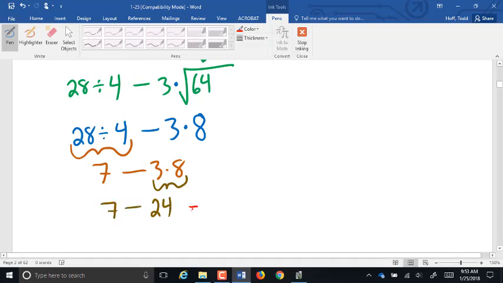And finally, 7 minus 24. You can treat that as 7 plus a negative 24 if you want to. Positive 7, negative 24. We're negative, and the difference between them is 17.